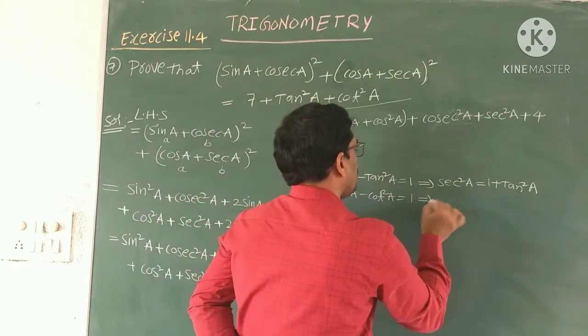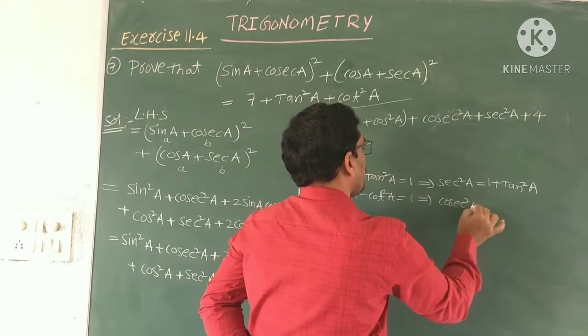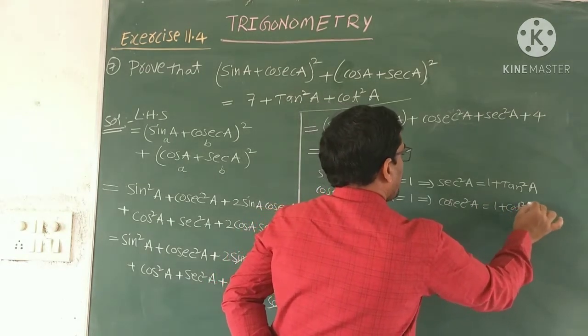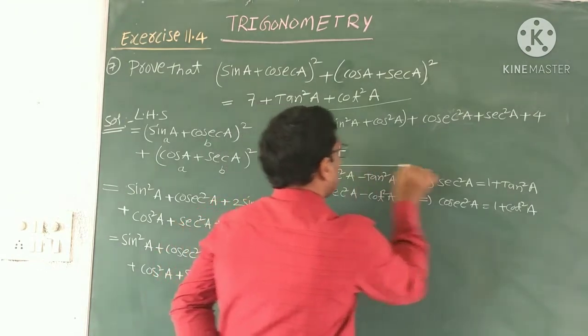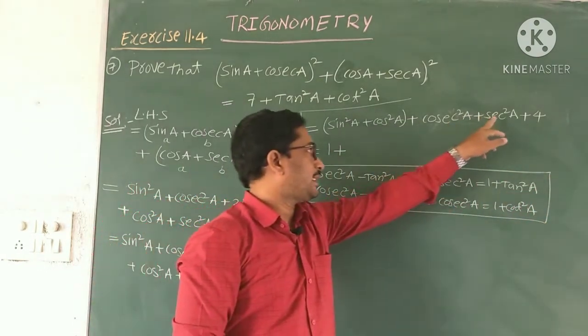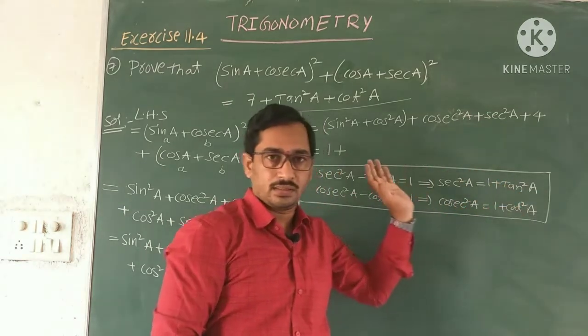Now from this, cosec square A equal to 1 plus cot square A, because the answer is in terms of tan and cot, so we have to express cosec and sec in terms of tan and cot.